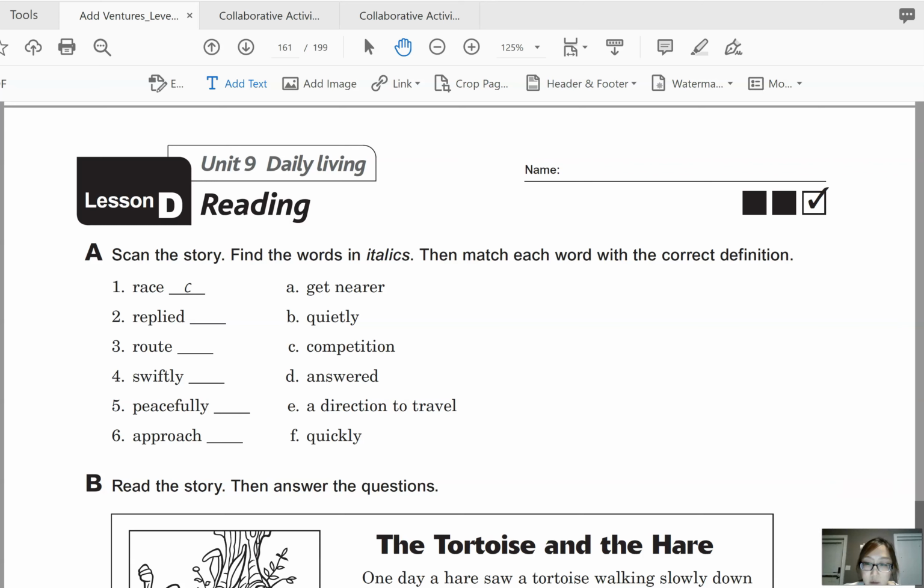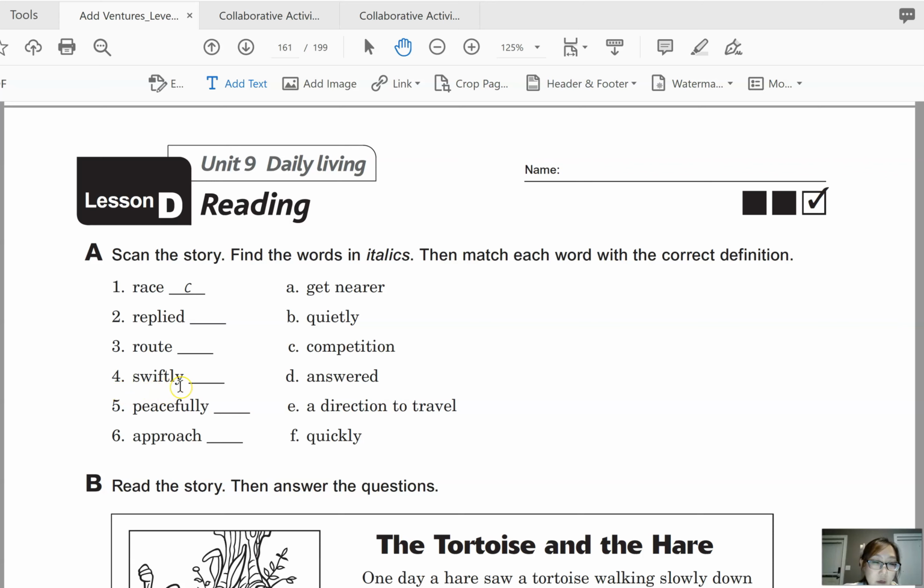Oh my goodness, sorry about that. Okay, so again, you can see that this is a noun because it says a direction. So route is also a noun. So we can say a route is a direction to travel, letter E. Okay, and then number 4, swiftly.